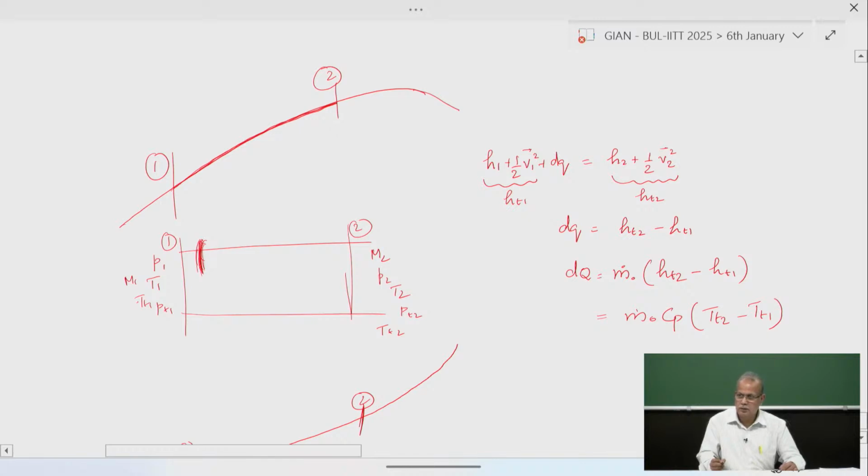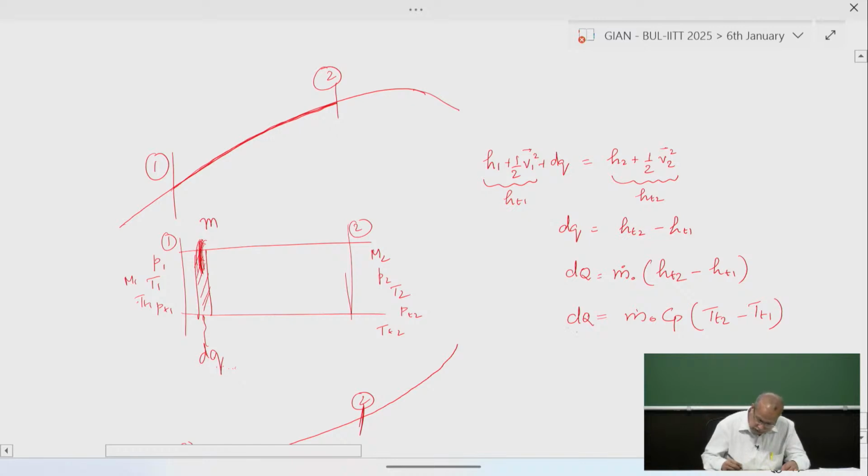This is clear for all of you. This is dq, what we have seen before, to a section here where we are adding this heat. So what is dq itself? This is the heat flux.